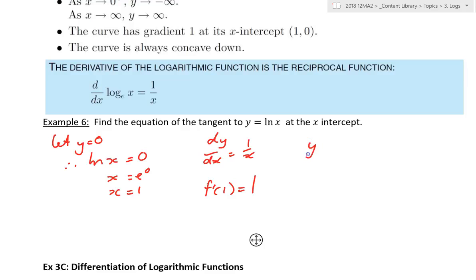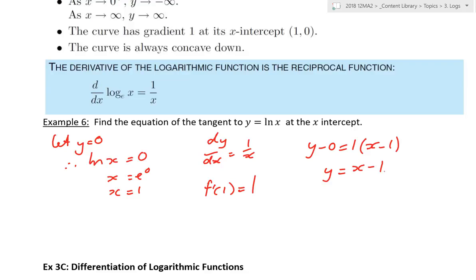Now we know that y minus y1, well, that's going to be y minus 0 equals 1 into x minus 1. Therefore, y equals x minus 1. That's the equation of the tangent at the x-intercept: y equals x minus 1.